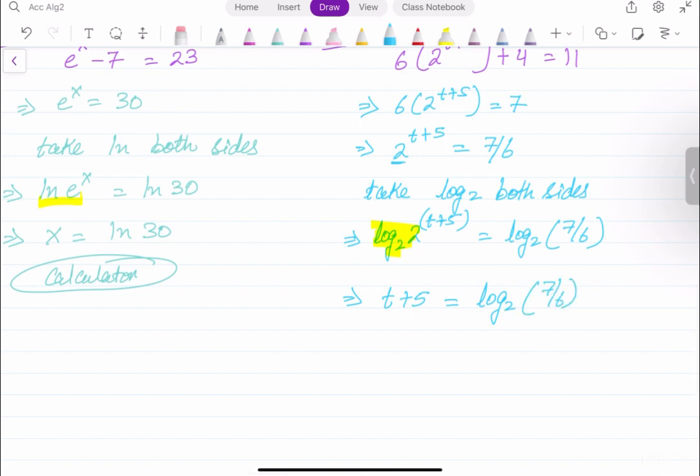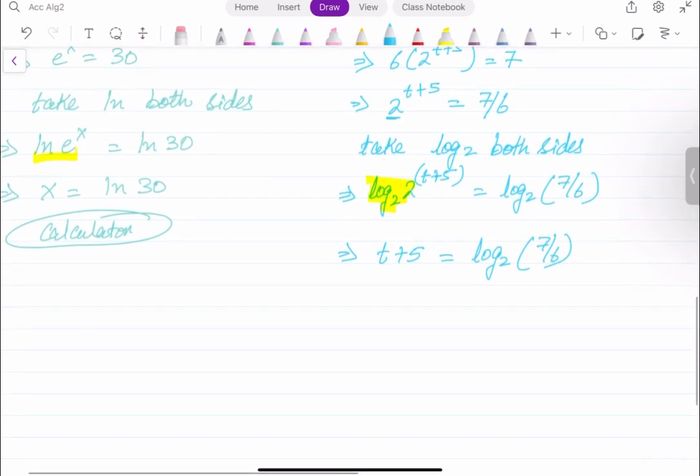At this point, you can use change of base and subtract 5 from both sides. So t is equal to log base 2 of 7/6 minus 5. And then we can use change of base.